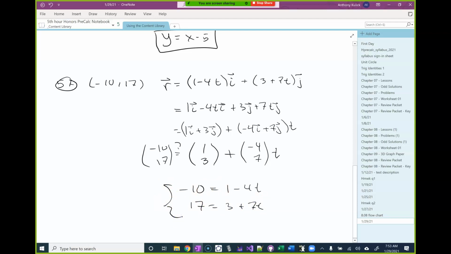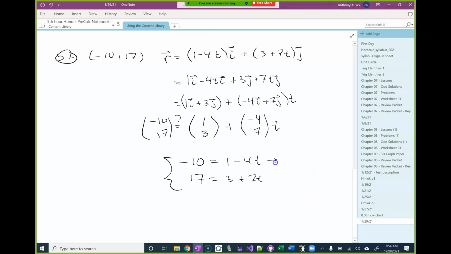So I just create a system of two equations where the x components have to add to give you the negative 10, and the y components have to add to give you the positive 17. So when I do that, I get 11 over 4 for t. And when I do this one, I get, what do I get? 14 over 7 for t. And since those are not equal, I know that point doesn't lie on the line.